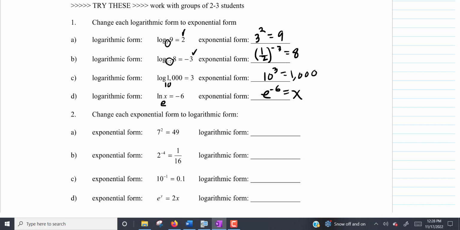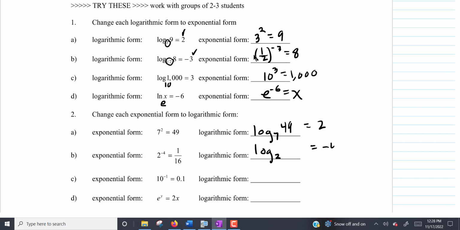I think you guys got those okay. I didn't see any problems. These are totally in reverse, and this would go like this. We would say log base 7, that's what the base is. You're equal to 2, and then 49. So that one should be written like that. The next one is base 2, so that would be log base 2.